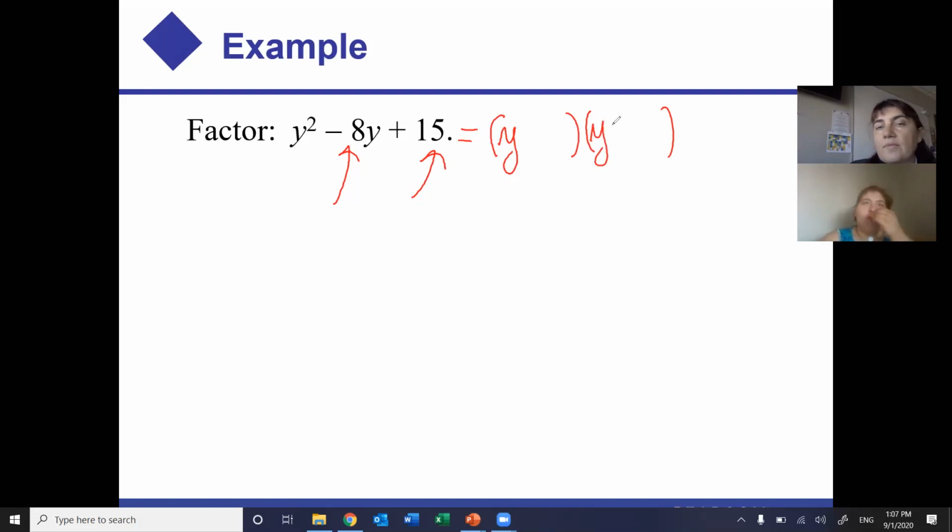This way, if you set up the problem before you even do any actual work, you feel like you're ahead of the game because you know what you're missing, just two items right there. Carissa said negative 3 and negative 5, and she is correct.